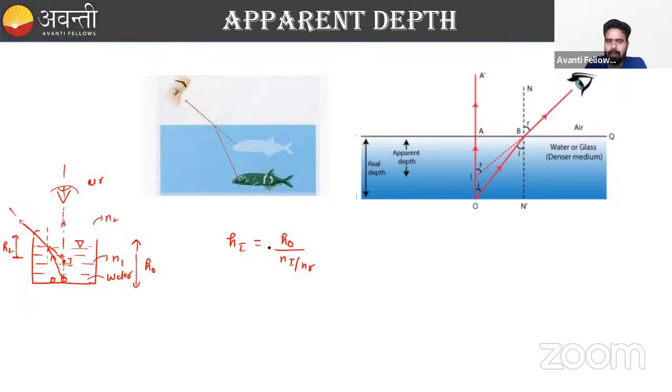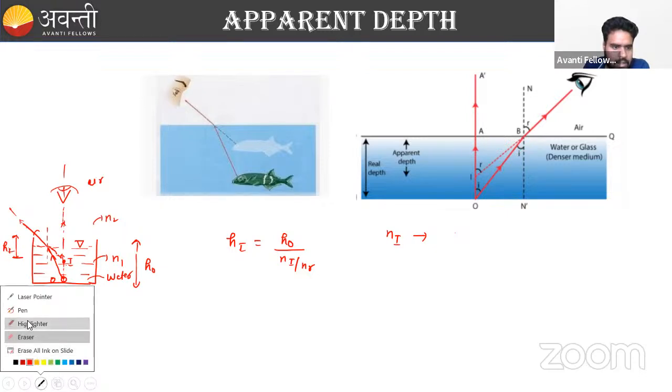We have to be very clear about what n1 is. Here ni tells about the refractive index of the medium where the incident ray is present.